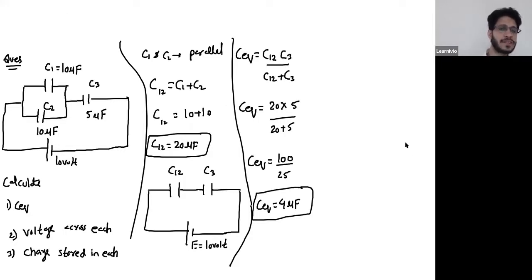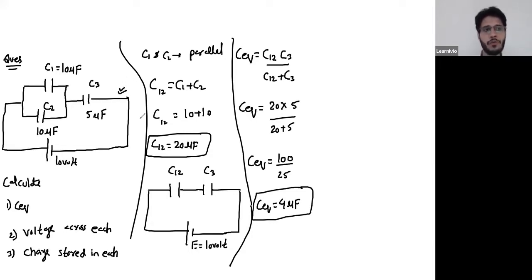Now, once you have C equivalent, you will need both the charge stored in each capacitor as well as the voltage across each capacitor. We cannot calculate charge and voltage in this circuit directly, or we can, but that would be very confusing.